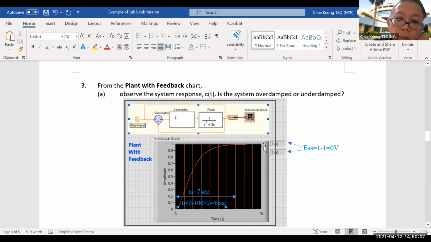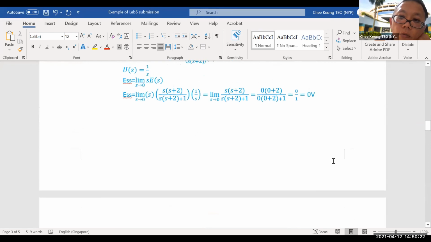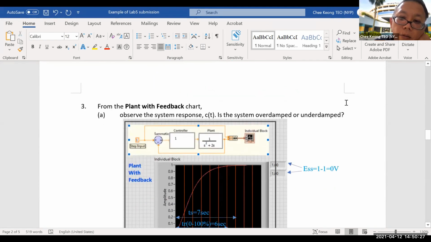And the bottom one is the output, which also settles down at 1 volt. So your steady state error is actually the difference between the desired output and the actual output. So 1 minus 1, you get 0 volt, which is very consistent with what we have just calculated as 0 volt.